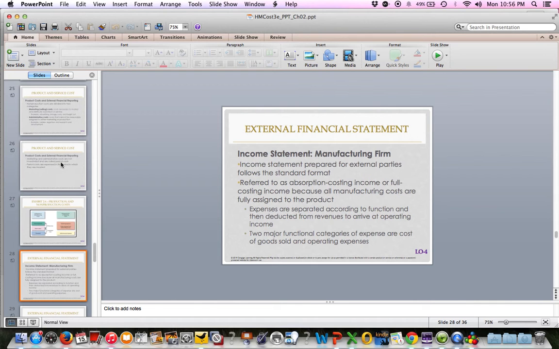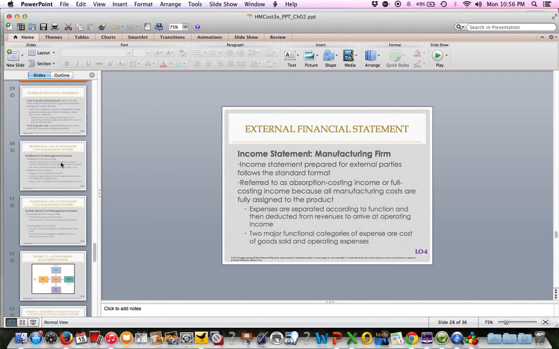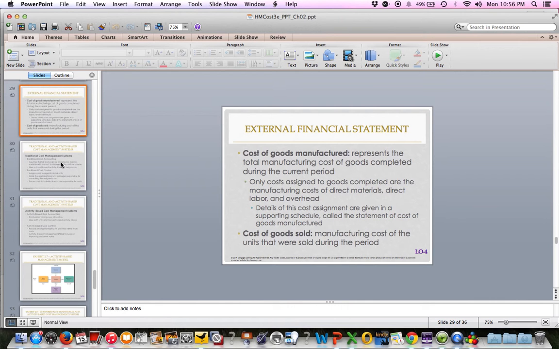And expenses are separate. Expenses are separated according to function and then deducted from revenues. Two major functional categories of expenses are cost of goods sold and operating expenses. Cost of goods manufactured is the cost of manufacturing my good during that accounting period, whatever time period we're measuring.